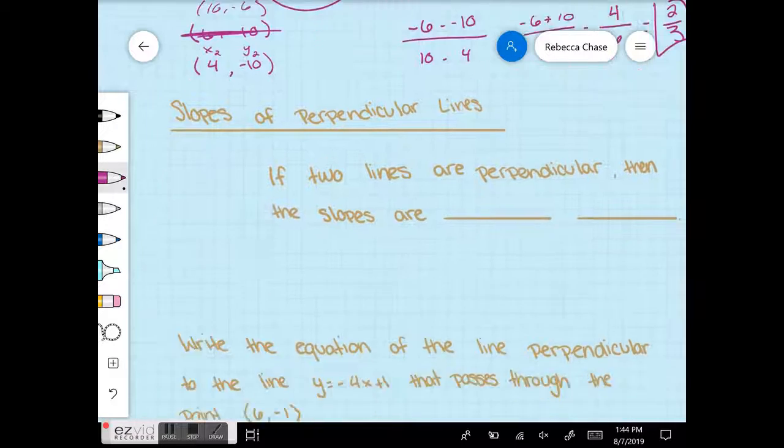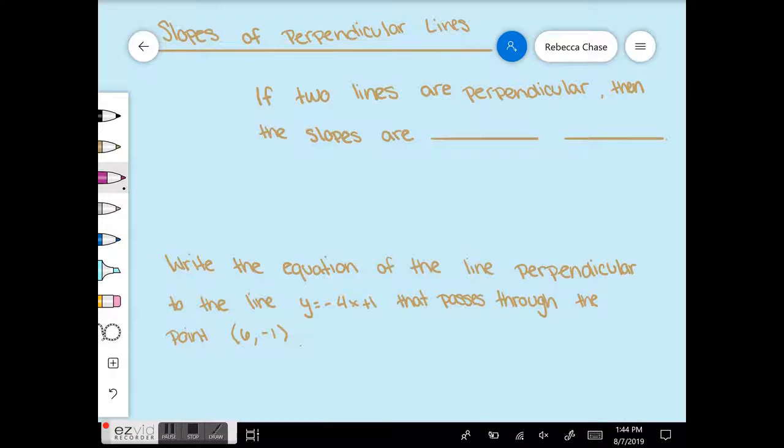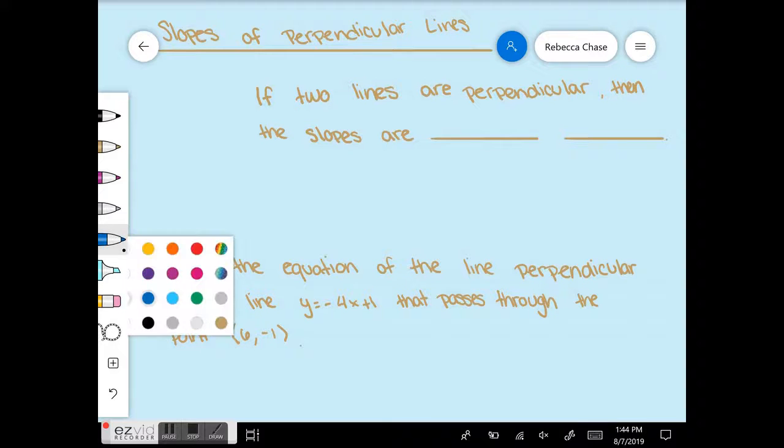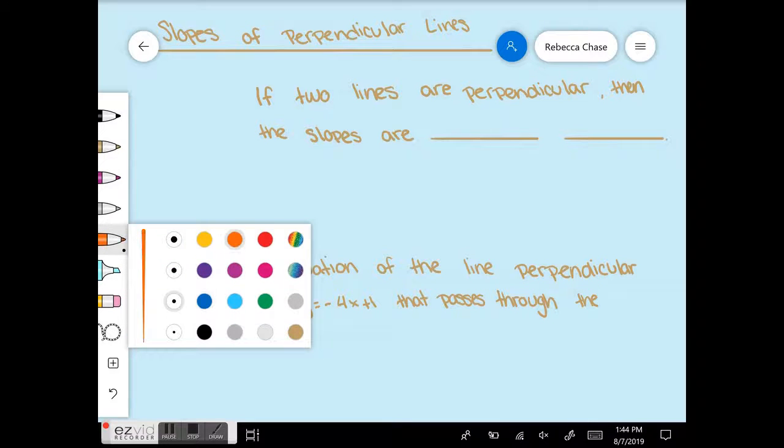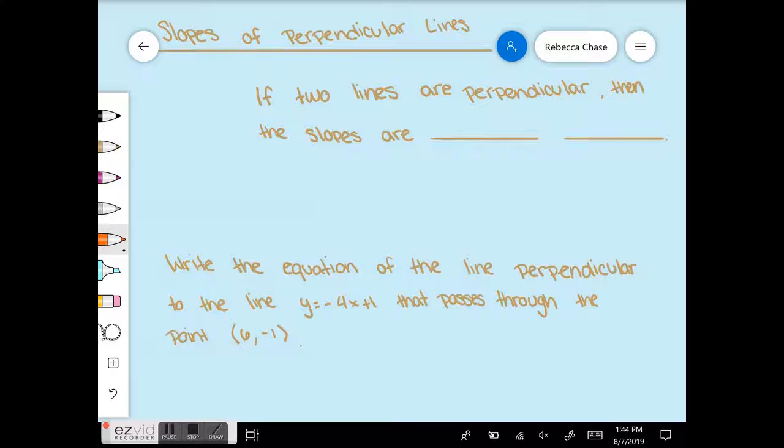All right, very last thing we're going to talk about is slopes of perpendicular lines now. Okay, so this is a little different, but we still have a rule that makes our life a little bit easier. All right, so if we have two lines and we know for a fact they are perpendicular, we know that their slopes are going to be opposite reciprocals.